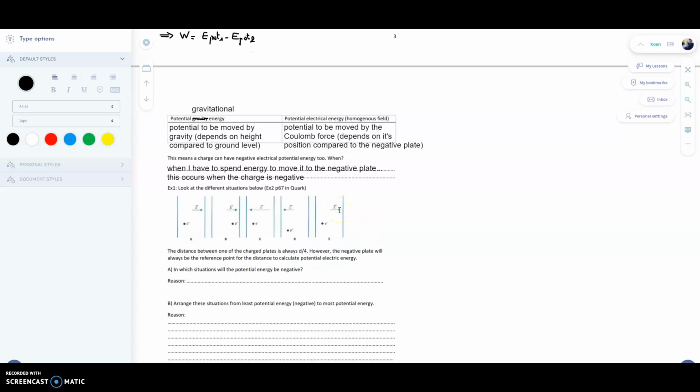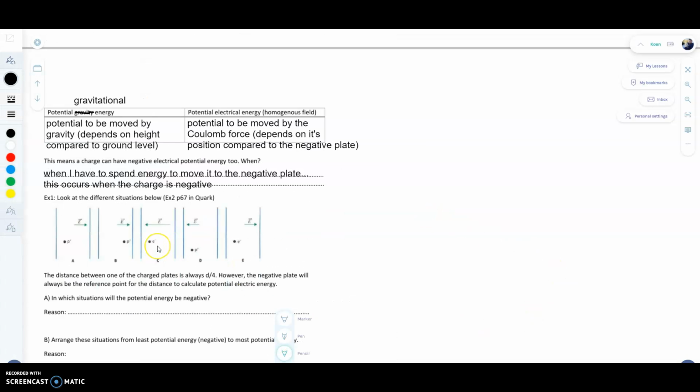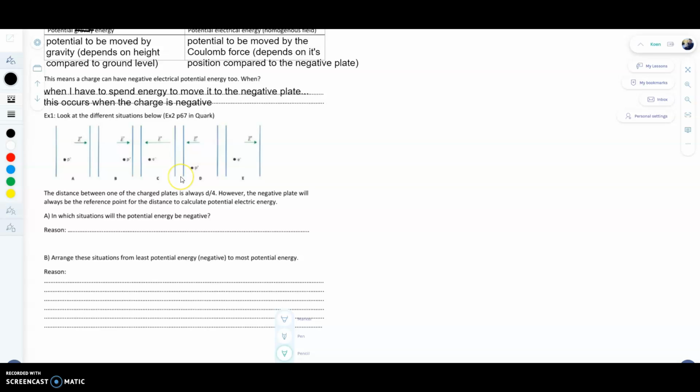Now, to make this more obvious, let's consider this exercise for a second. You have 5 different situations, and they're all homogeneous fields, right? The distance is always the same.